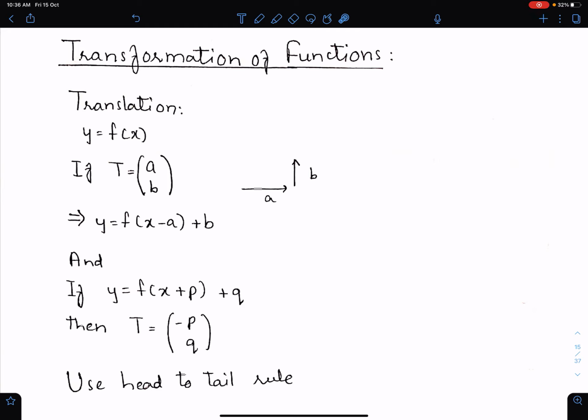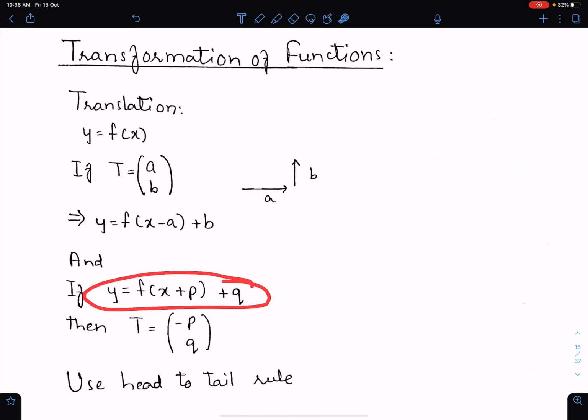So first replace x by x minus a and add b. This translation vector means a units to the right and b units up, and we use the head to tail rule for the sketch or graph of the resulting function.